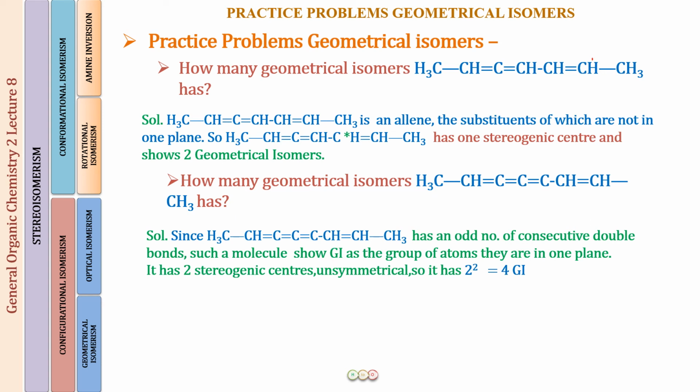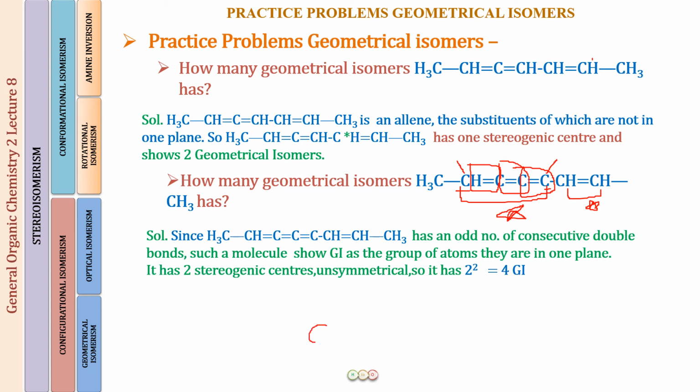Okay, so if this one is going to be in the xy plane, this will be in the yz plane, and this will be in the xy plane. So these ends over here, right, will have the atoms attached to them in the same plane. So if these atoms attached to them are of a different kind, well, this as one unit will be one stereo center. Okay, I hope this is clear, and this will be the other stereo center. So in total, we will be having 2 stereo centers.